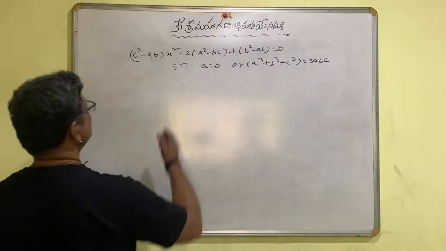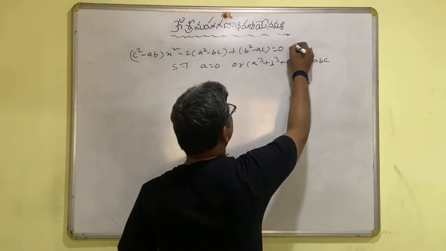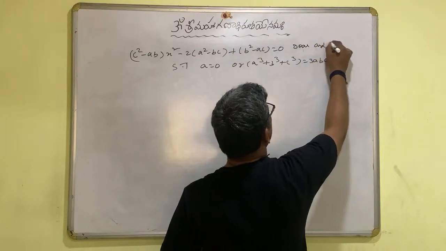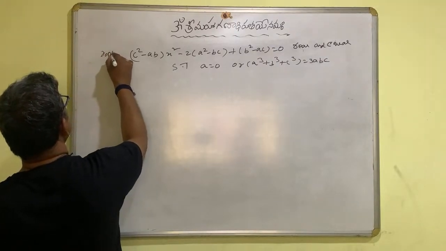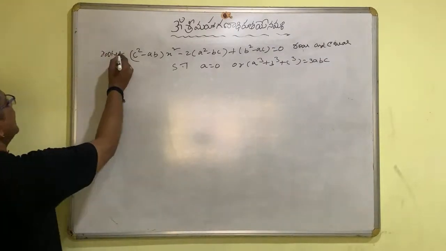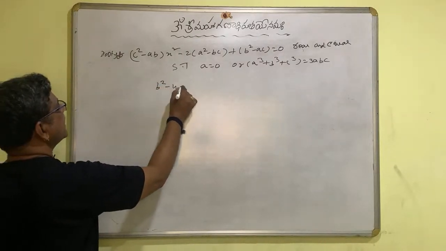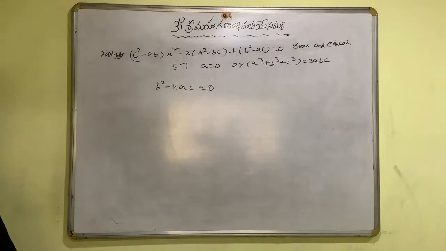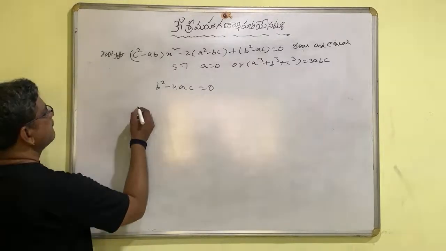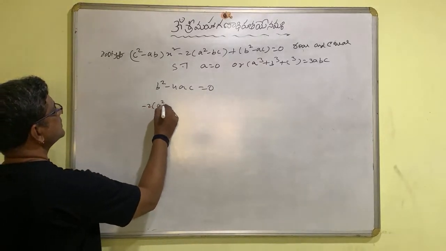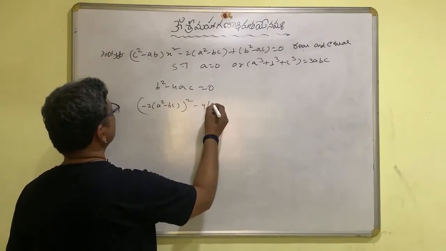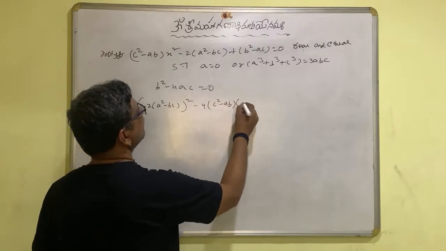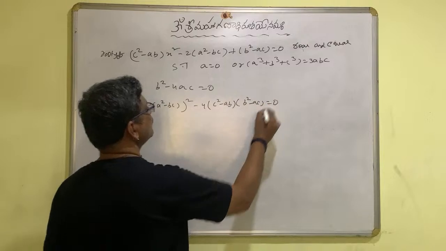Since the roots of this equation are real and equal, then b square minus 4ac is 0. B square minus 4ac is 0. So what is it? Minus 2 of (a square minus bc) whole square minus 4 into (c square minus ab) into (b square minus ac) is equal to 0.